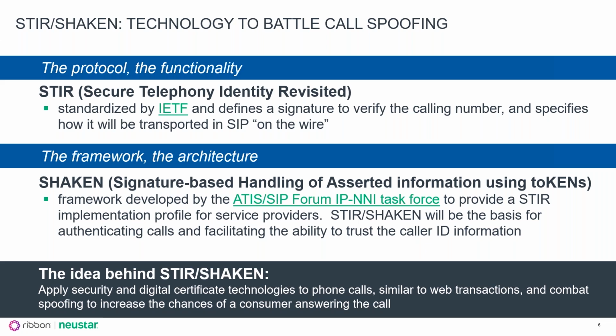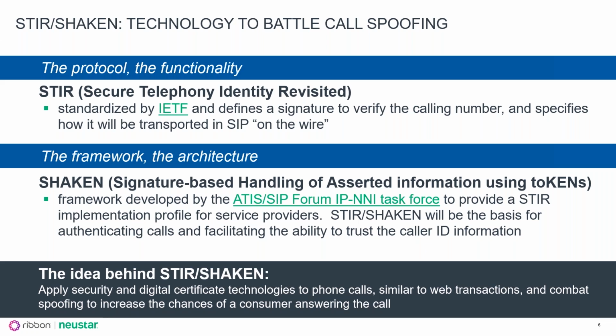These standards define a security token, a mechanism for signing that token, having it certified by an approved or recognized certificate authority, and then actually transporting the information in the form of an identity header on the wire in SIP.